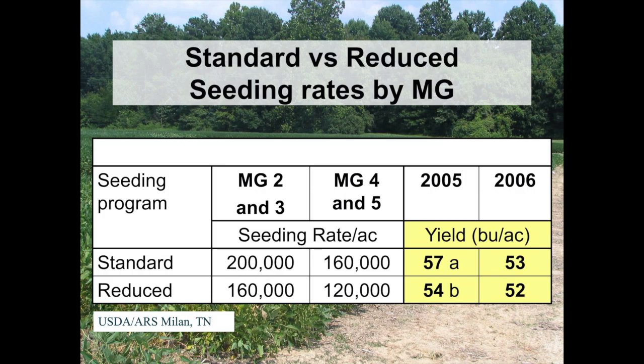This was some work that was done a few years ago now, but we've had a few smaller projects where we've looked at a couple of maturity groups, and my take is that we may see a slight yield increase by increasing seeding rate, but a lot of times a substantial increase in seeding rate comes at a cost and is usually not offset by the increase in yield.